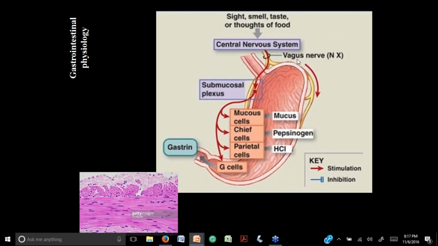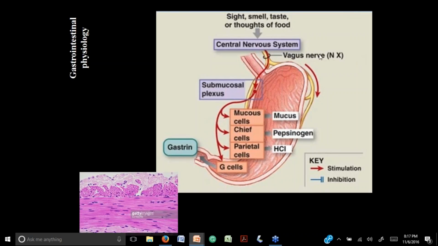So we start with the vagus nerve. Cranial nerve number 10 is the pneumogastric nerve that comes from the brain stem, goes to the respiratory tract, passes through the cardiac region to the heart, and goes to the GI tract, which it innervates.